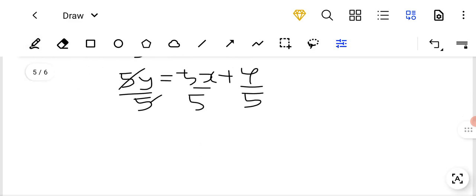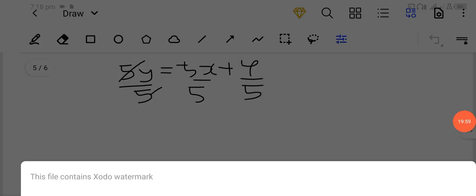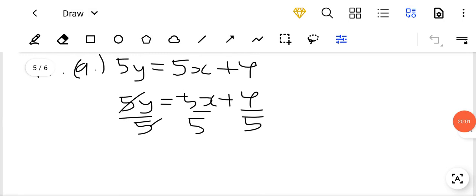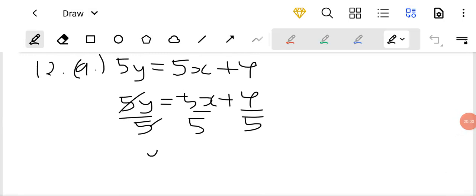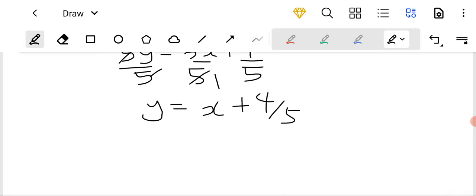You're going to have, sorry for that, accidentally saved the document. So we're going to have y is equal to x plus 4 over 5. So it's parallel. It means the gradient of BC is equal to 1.